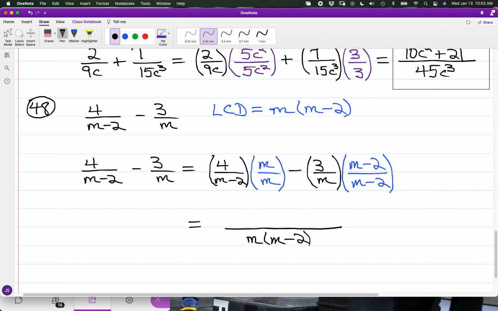And looking at combining the numerator terms, I'm going to take this just a step further. So we've got 4m, and we have minus 3 times all of m minus 2.